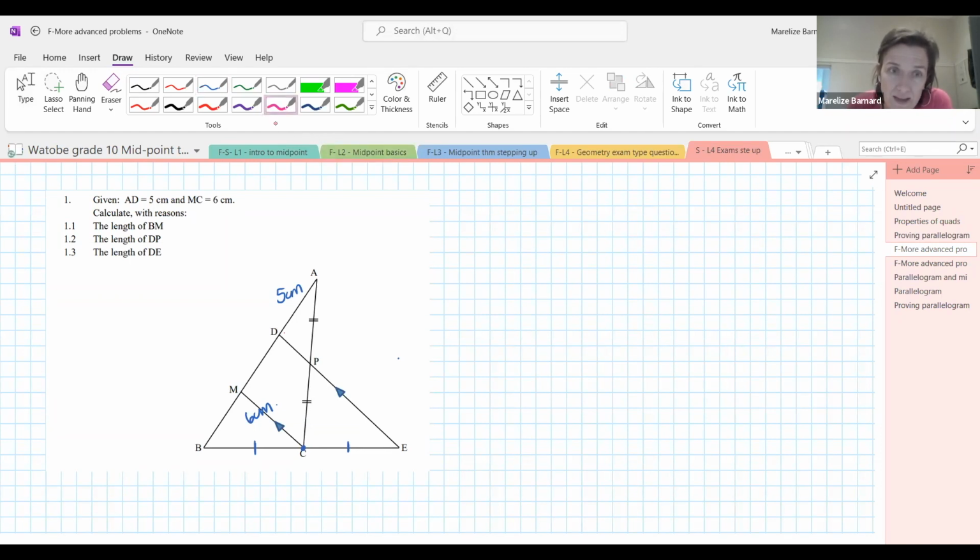Then we can say that M is also a midpoint, so this side is going to be equal to that one. And because DE is parallel to MC, and P is a midpoint, that's given, it means that D is also a midpoint. So that's also going to be 3. So that should make it much easier now. What is the distance of BM?